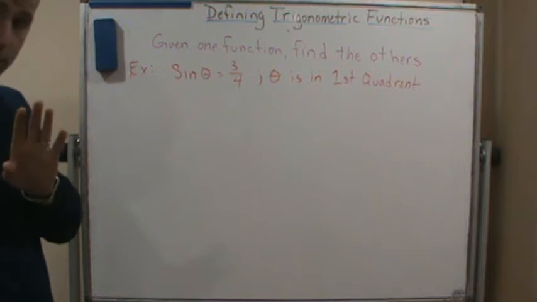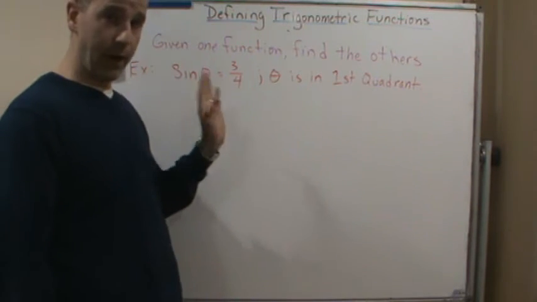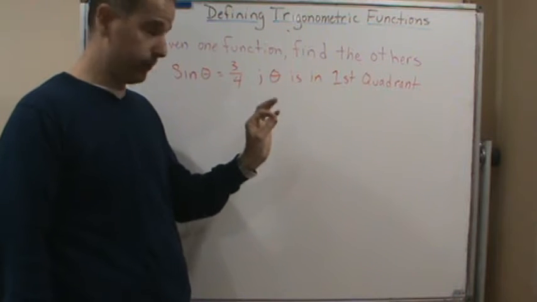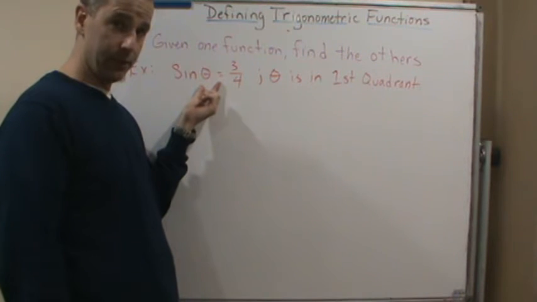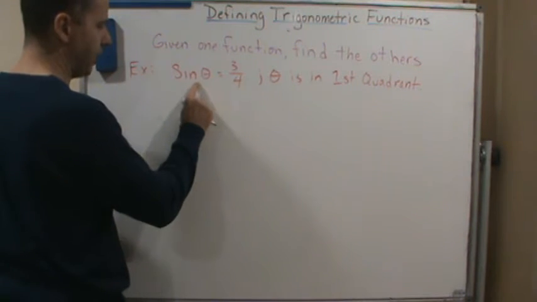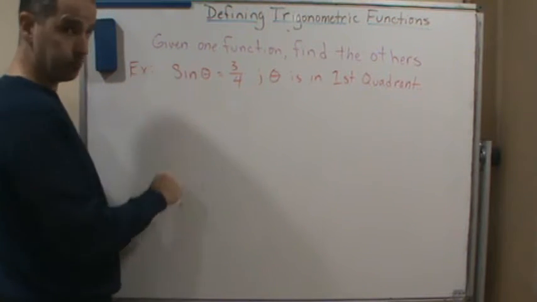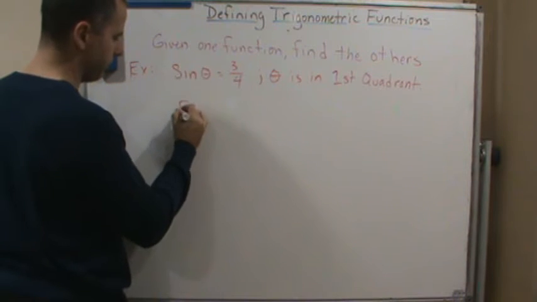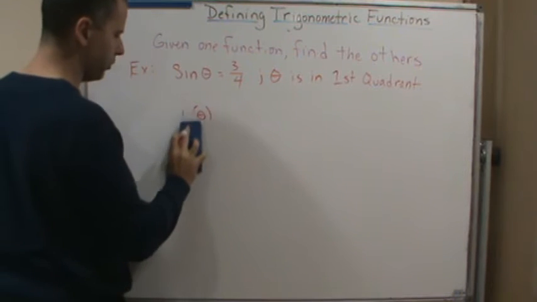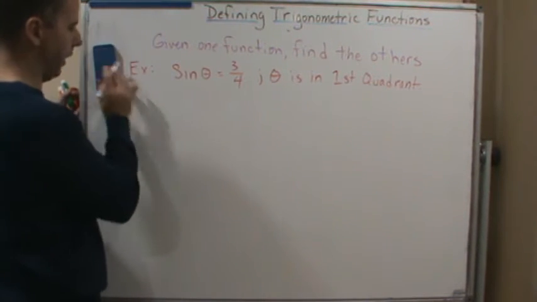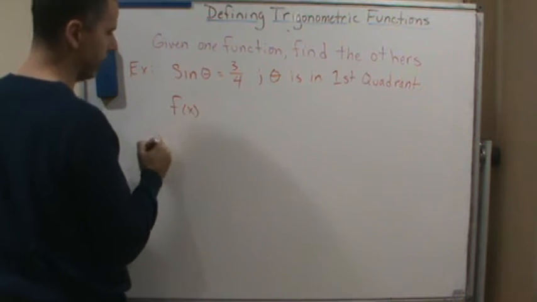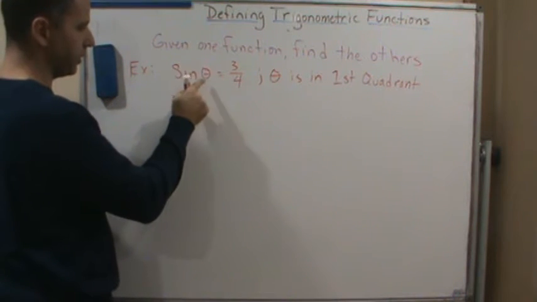Okay, so now, listen. One mistake that students make when they're finding or evaluating trig functions is that they tend to drop the theta. Realize that this is a function of theta. We're used to functions of x, where we write f of x, but this is a function of theta.